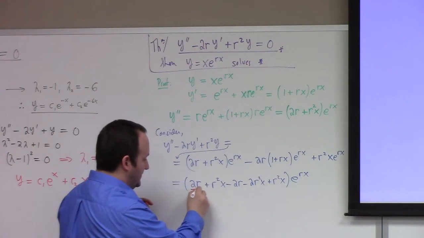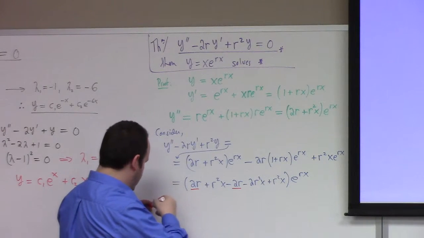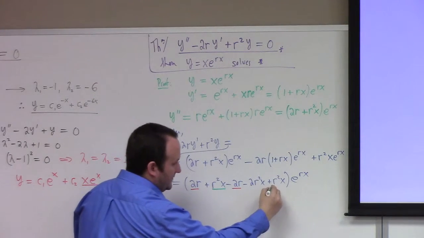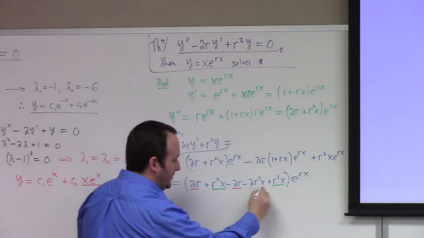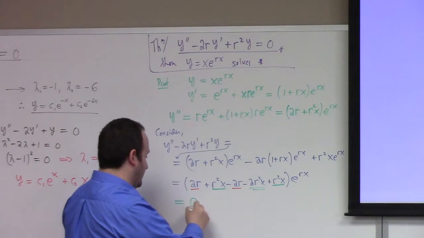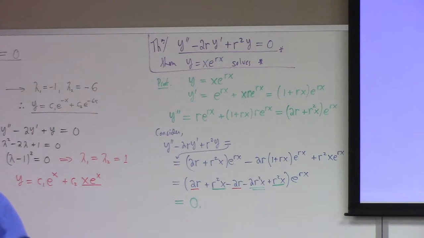I hope so. This and this cancel, right? And then if you look at it, we've got 2r and minus 2r, so those cancel. Altogether we get 0, and we're done. That shows that x e^(rx) is in fact a solution to the repeated root case, and that's an arbitrary repeated root problem.